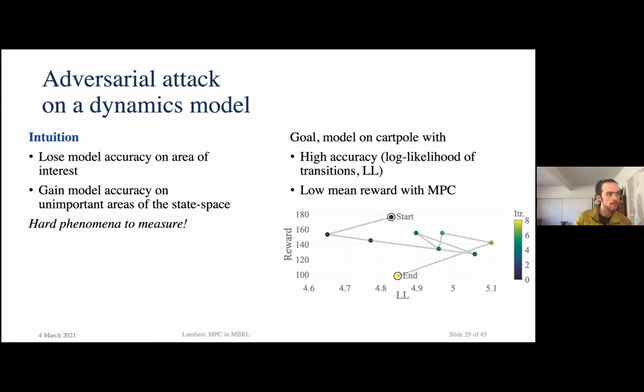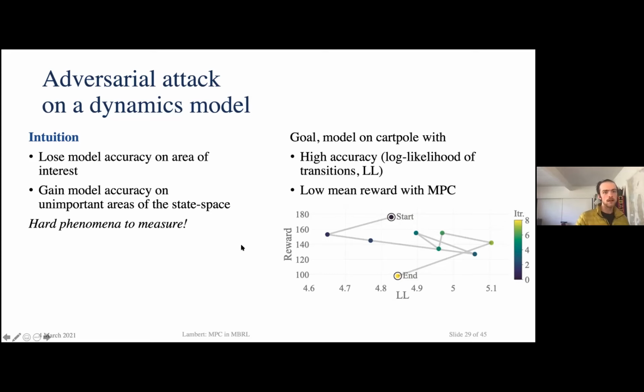But if we are training the model by hand on our whole data set, there are no tools right now in supervised learning that I or you could use to understand which part of the state space your model is accurate on. So model-based RL practitioners are going off this one number in order to see how their system's performance is going to be. But in reality, it's much more complicated than that.